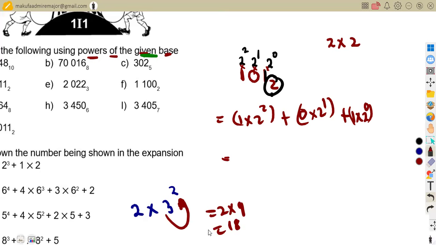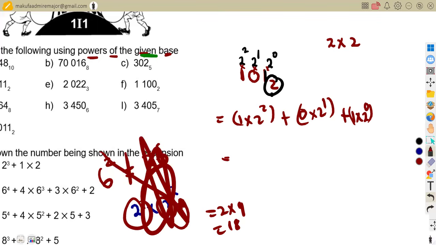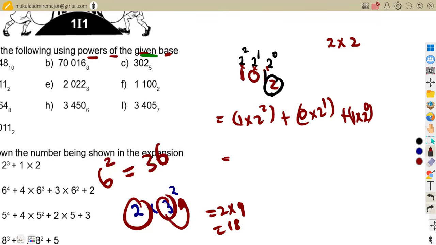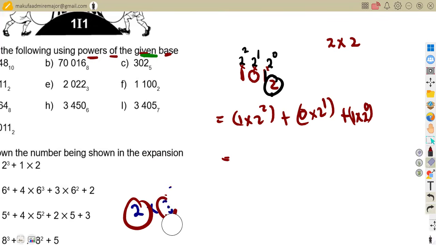Take note, if we first multiplied 2 times 3, that gives 6 to the power of 2, which is 36. This is wrong. To simplify this part on our calculator, we do not get 36. So what I'm trying to say is that first you have to simplify this part.